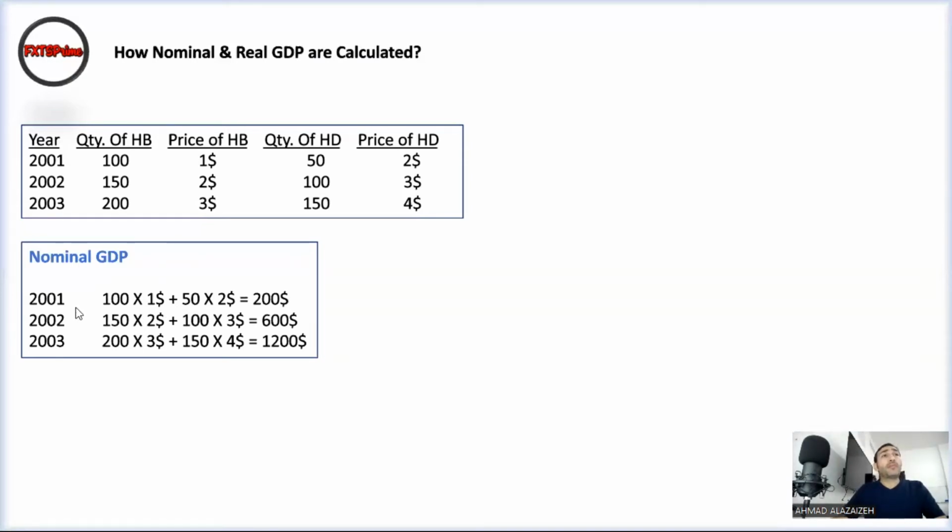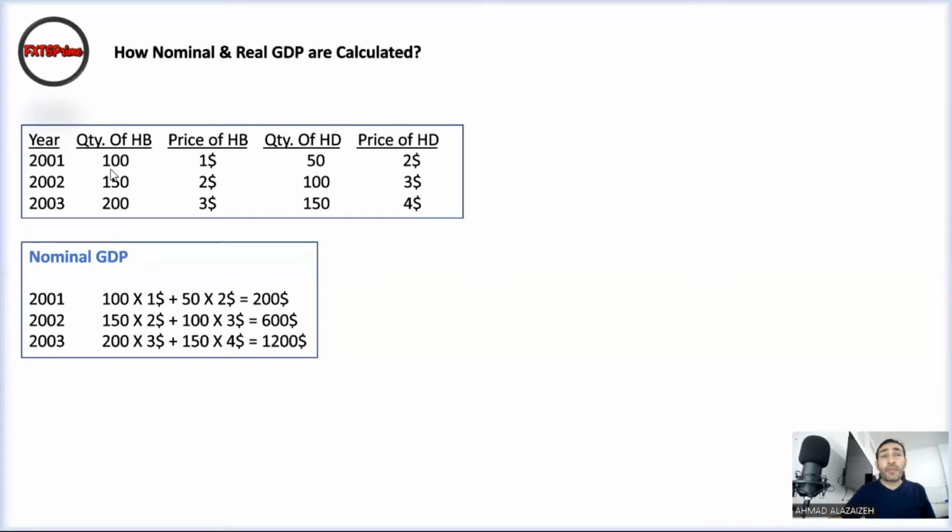So if I would come to 2001 and I want to calculate the GDP in 2001, the products are hamburger and hot dog. So I need to know the quantity of the hamburger and the price of the hamburger in 2001, and the quantity of the hot dog and the price of the hot dog in 2001.